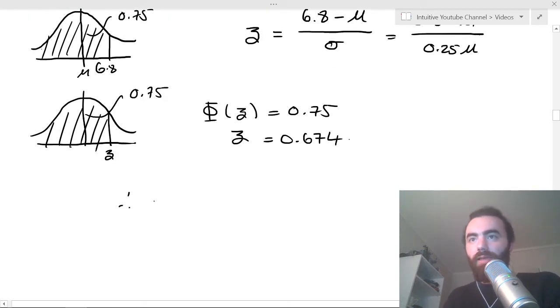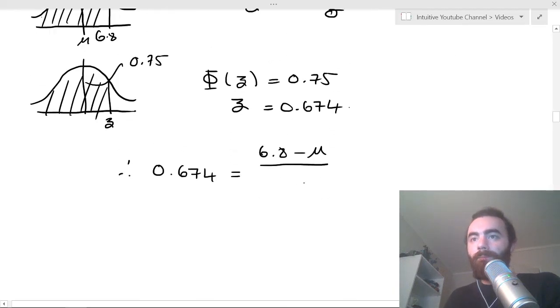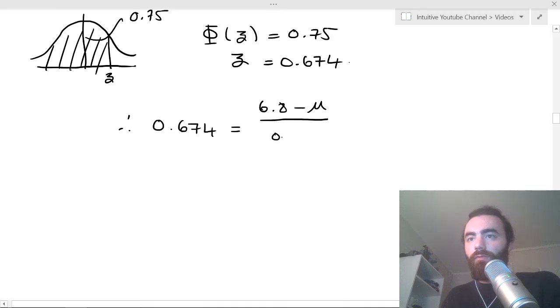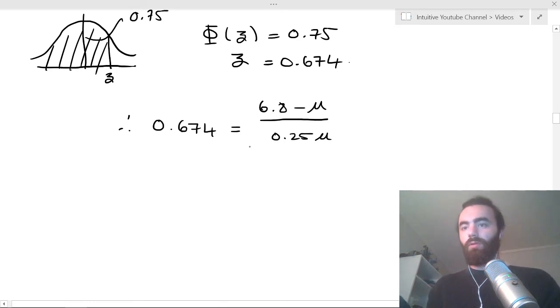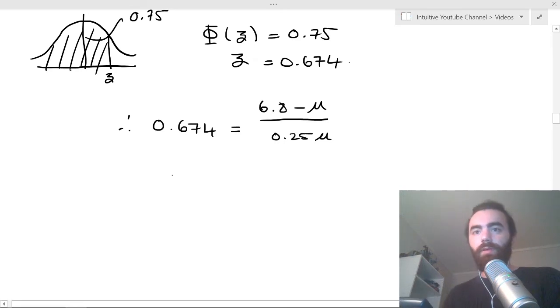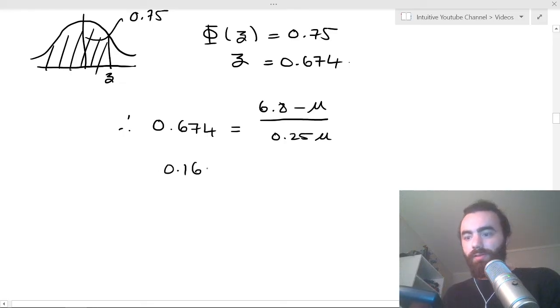So therefore, you can say that 0.674 equals 6.8 minus mu over 0.25 of the mean. So now you've got an equation just for the mean, so you can find the mean. So we do 0.674 times 0.25. So we get 0.1685 of the mean equals 6.8 minus mu.